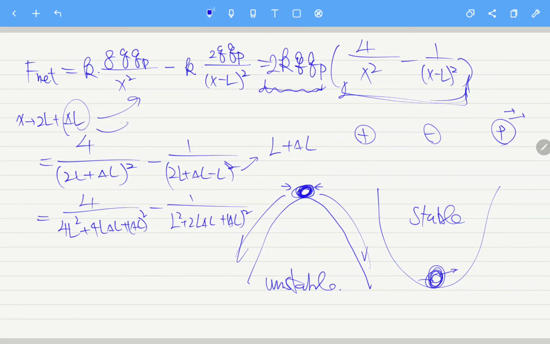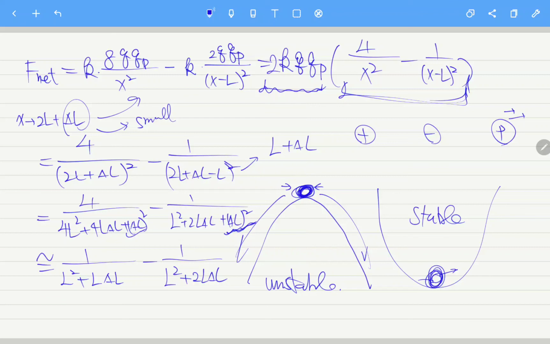We assume delta L is small, so the second order terms can be ignored, and it is approximately 1 over L squared plus L delta L, minus 1 over L squared plus 2L delta L.